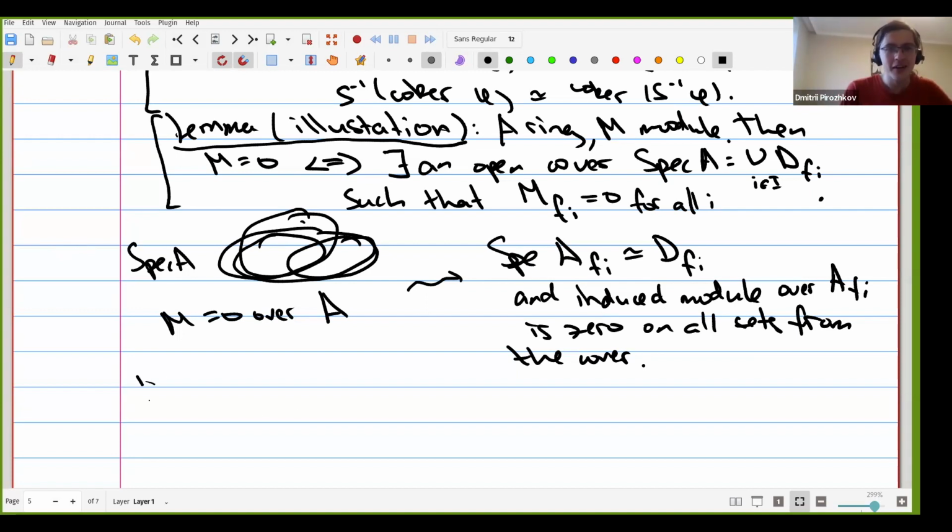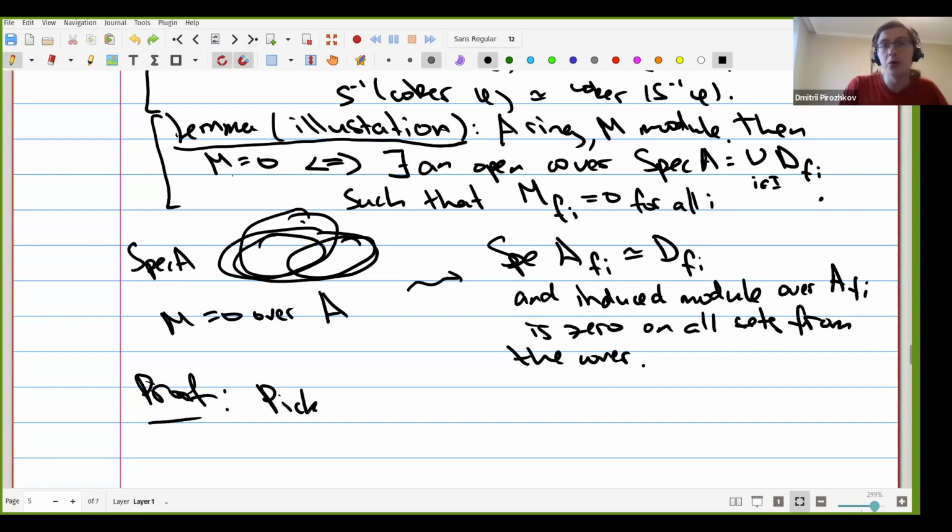Okay, so let me prove this. So first of all, one direction is obvious, of course. If the module is 0, then by the definition that I gave, the localization of the module with respect to any multiplicative system is, of course, also a 0 module.